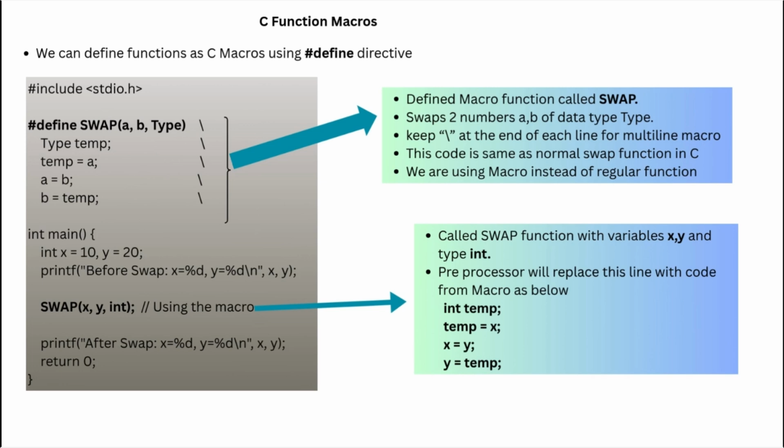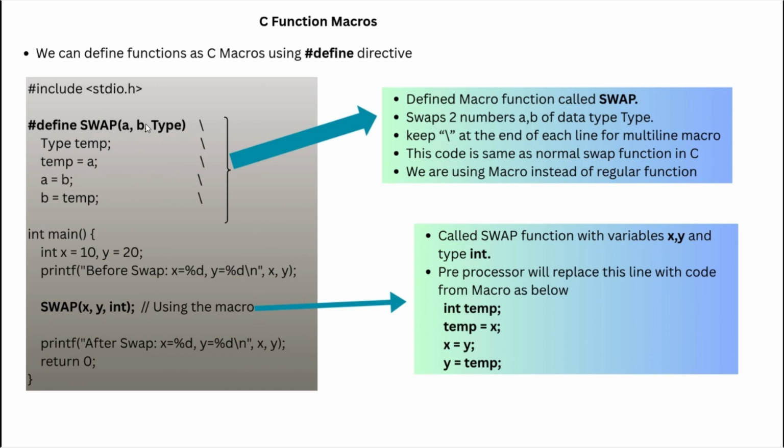So C macros: instead of writing a function, you can also write a macro using hash define. See here, I can write a macro for swap. It is the same as how you do swapping of two numbers using a swap function, but here instead of a function we write a macro. A macro normally starts with hash define and a name, and you can have arguments.